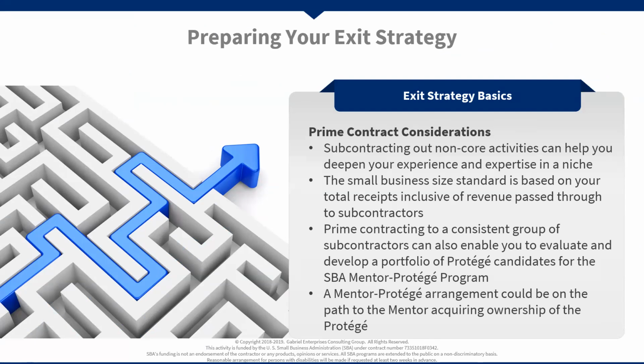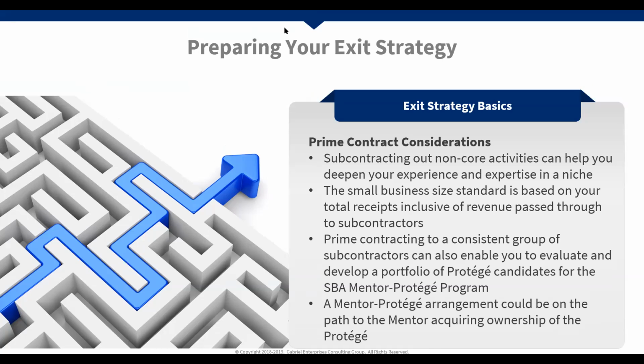You can potentially, as you're graduating from the 8A program, find a small business that you've subcontracted to that's then getting into the 8A program. That's a pretty common scenario. And then maybe be a mentor to that company as a protege. And mentor-protege arrangements even allow for equity ownership of a portion of the protege. So this subcontracting can really be a way to expand your business and help you exit the 8A program.